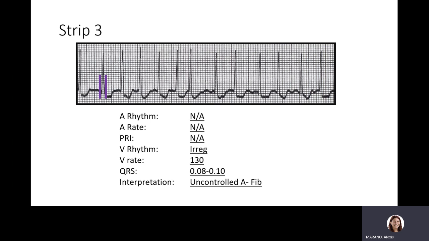So you're going to use your 6-second strip, multiply by 10 with the number of QRS complexes to get a rate of 130. Your QRS measures 0.08 to 0.10. In interpretation, this would be considered uncontrolled AFib. So remember, with AFib and A-flutter, if they have a rate greater than 100, it is considered uncontrolled.